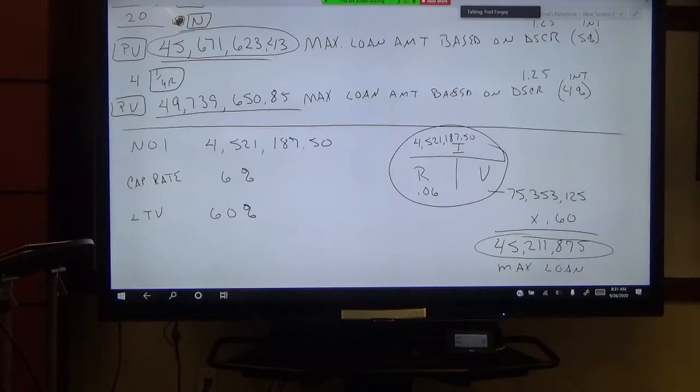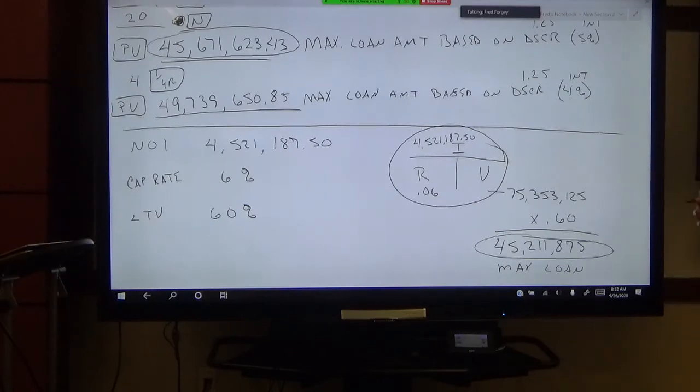So in this case, if they take the lower of the two, then the maximum loan amount is going to be the 45 to 11, 875. Does that make sense? Okay. Then what we may have to do is kind of back into the numbers and say, all right, how would that adjust all of the other little details of the loan?